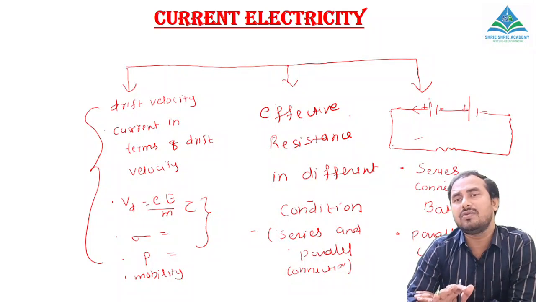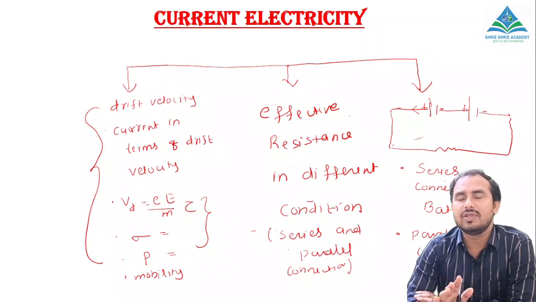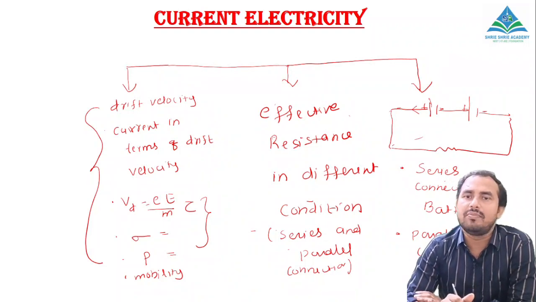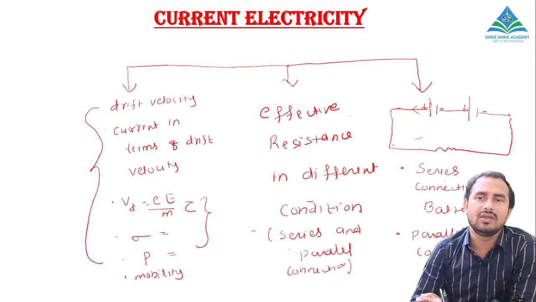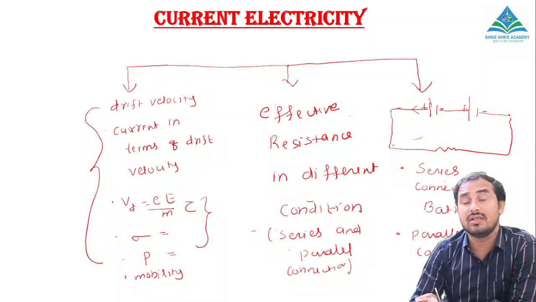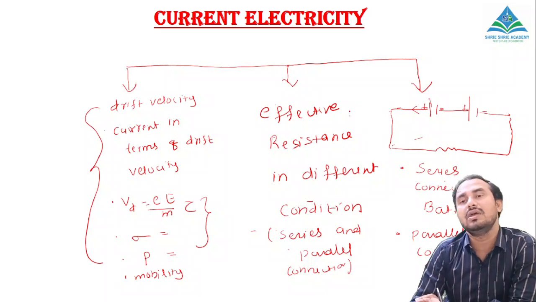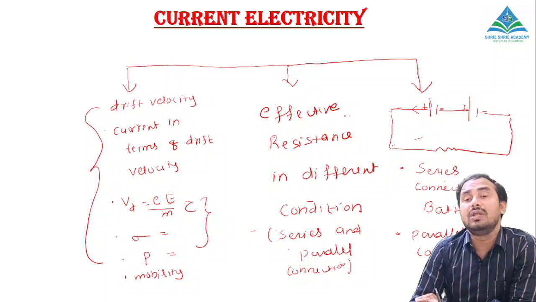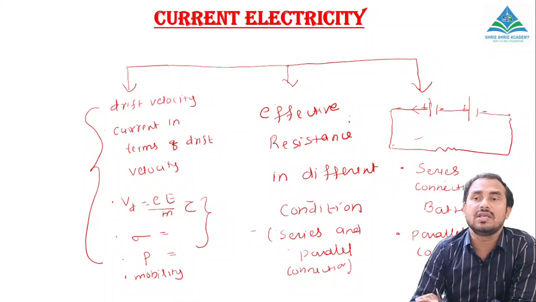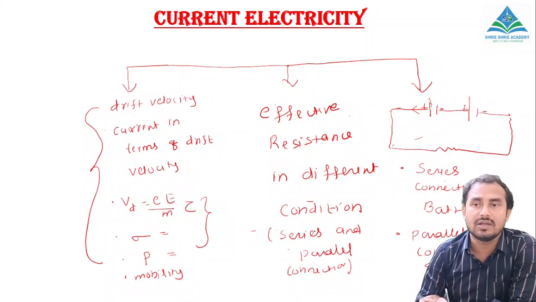So I have told you four parts. First, drift velocity and current in terms of drift velocity, where drift velocity is small e capital E m tau. Then we discussed resistance and resistivity, very important. The third thing is effective resistance in different conditions, and you should have a perfect understanding of series and parallel connection.